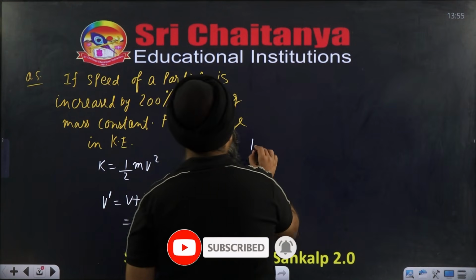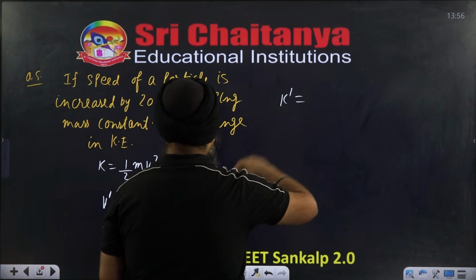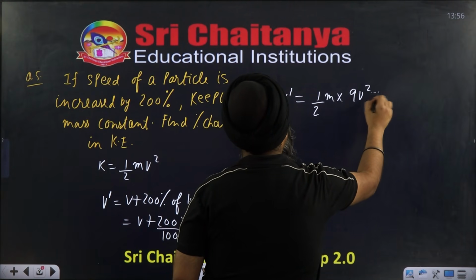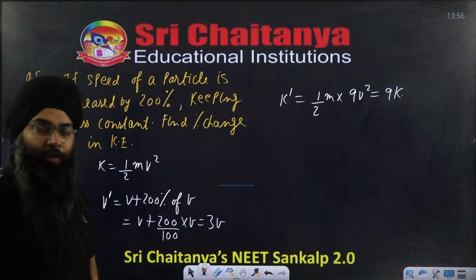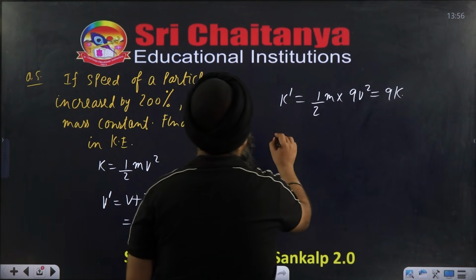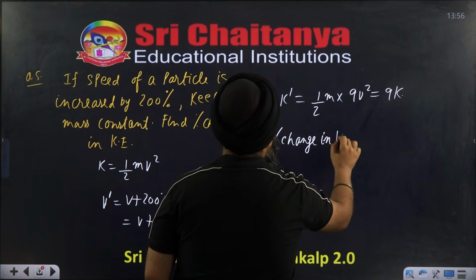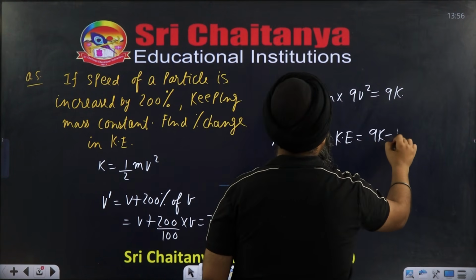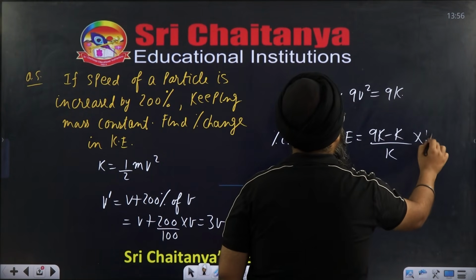So what will be the kinetic energy? K dash will be equal to half m multiplied by 9v square. That is 9 times the initial kinetic energy. That means kinetic energy has become 9 times. So what will be the percentage change in kinetic energy? Percentage change will be final kinetic energy 9k minus initial kinetic energy k, divided by the initial kinetic energy, multiplied by 100.